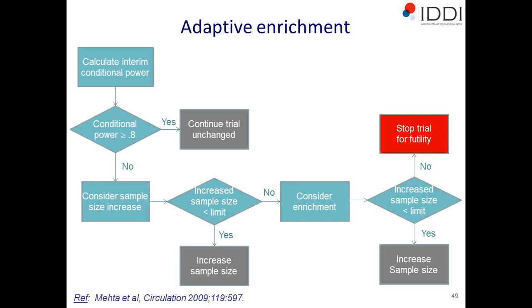But as you could see, you could also use an adaptive design to zoom in on the subpopulation which may be really benefiting, may be showing signs of benefiting from the treatment, and therefore increase the chances of showing the effect of the treatment, at least in this subpopulation.